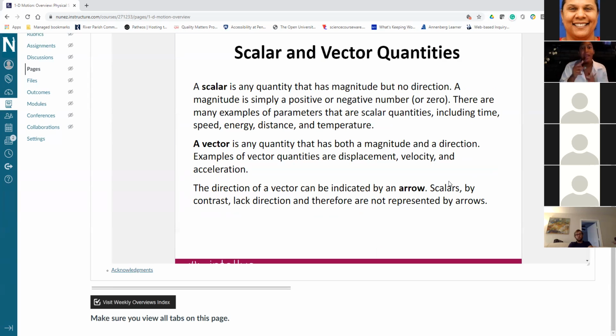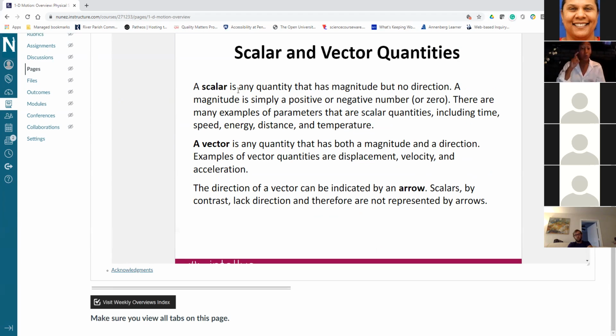So here we go again, scalar and vector quantities. This is a brief introduction, and you'll actually have the opportunity to work through the vectors overview, and I'll talk more about that on Wednesday. But this is just an introduction to get you thinking about the kinds of properties that we measure, and some of them are scalars and some are vectors.